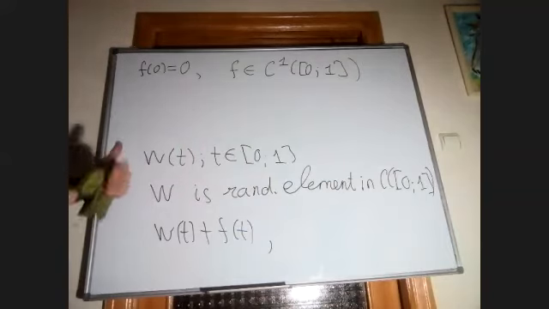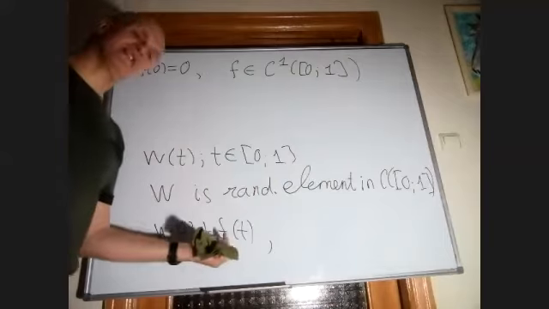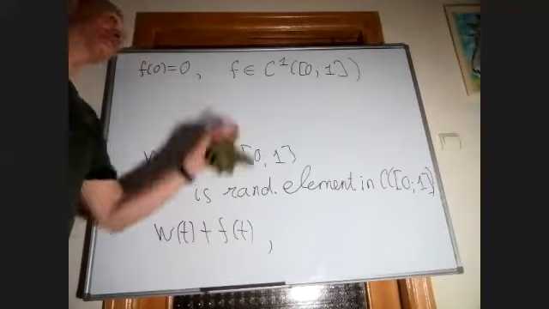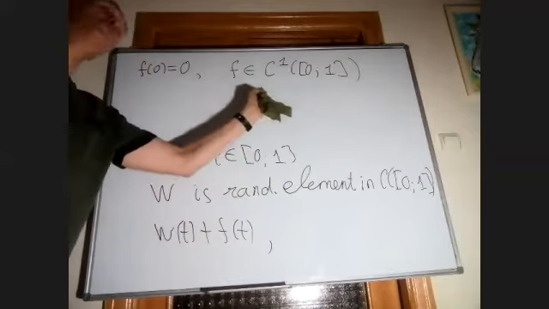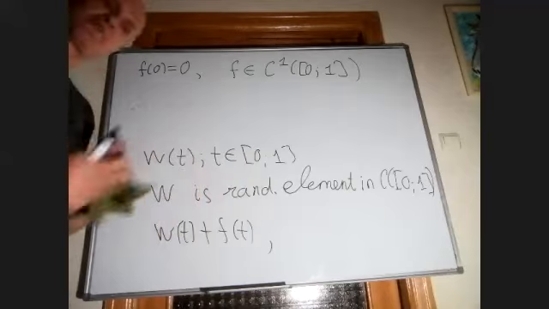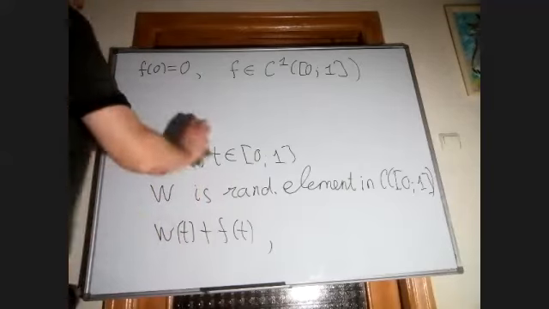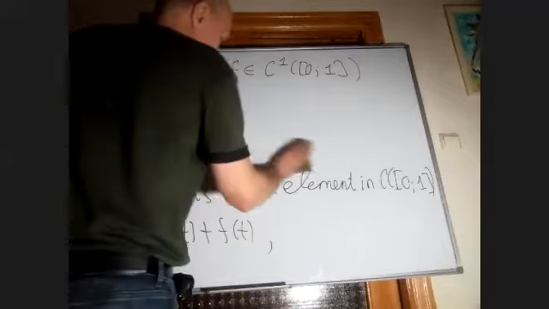So when we shift it, it is not convenient to add again something bad. We just add something smooth to W in order to keep these bad properties. So let us consider this one.